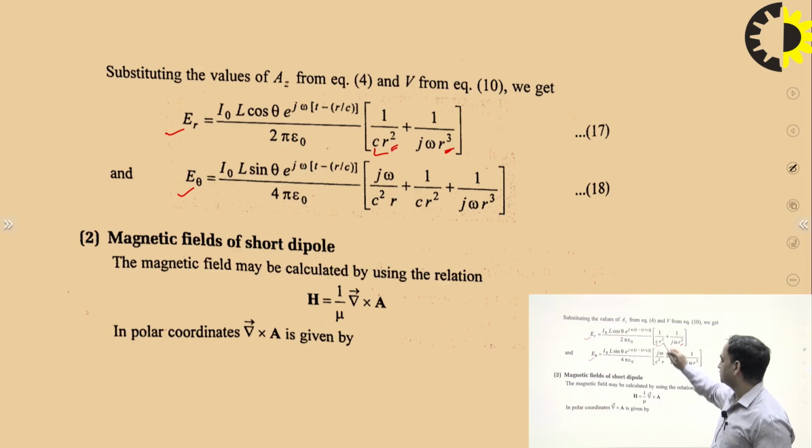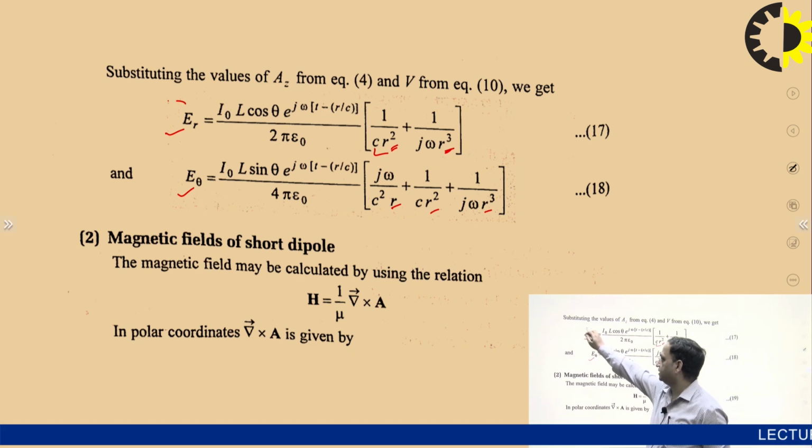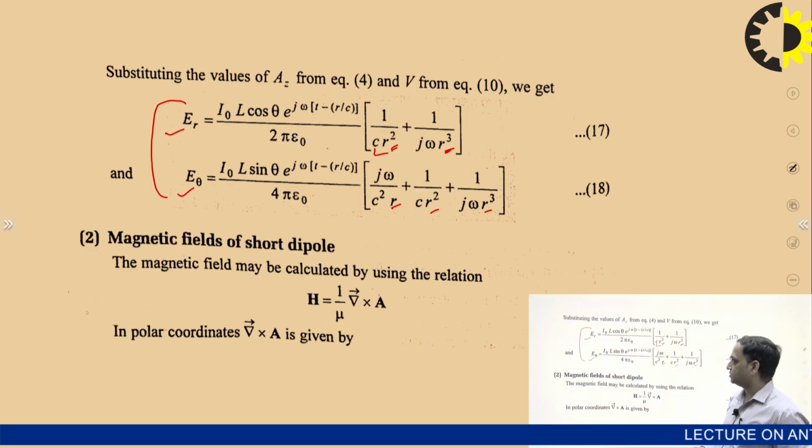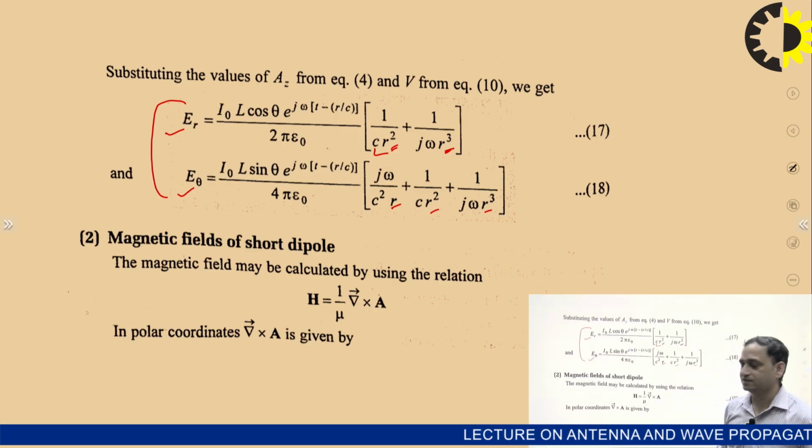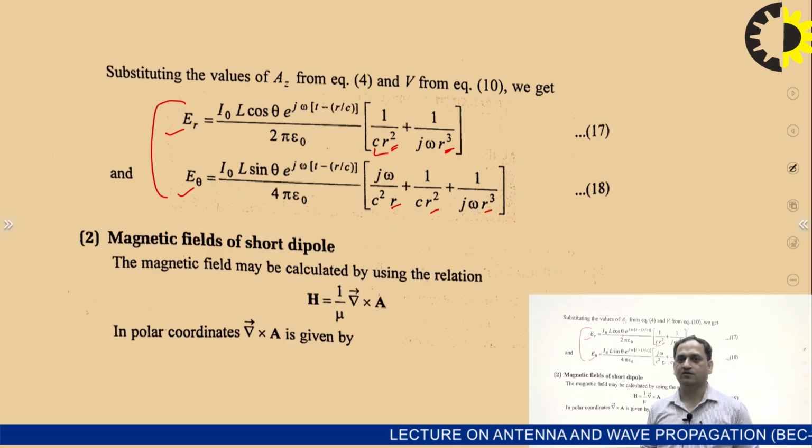So these two terms are there, and E theta again has R, R square and R cube terms. Okay, so these factors are very, very important to take care of. So these are the electric fields in the direction of R and in the direction of theta. This electric field is not in the direction of phi.